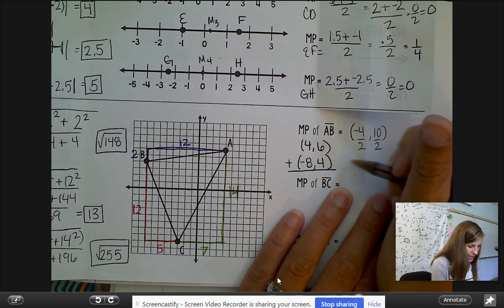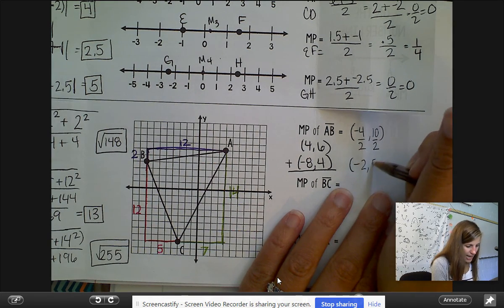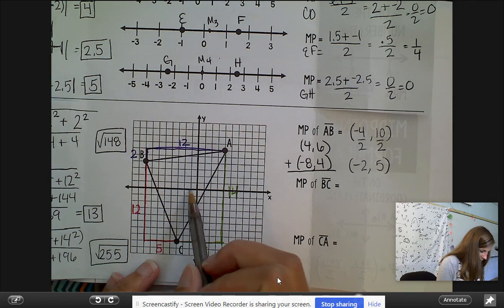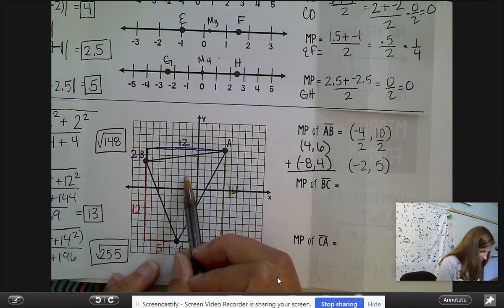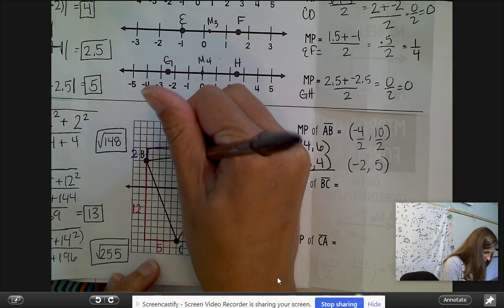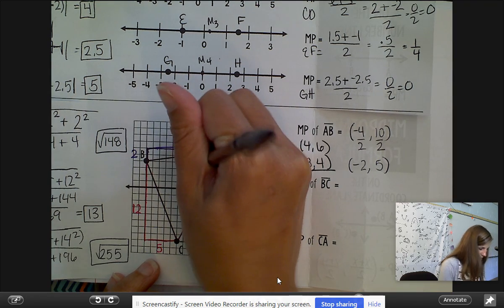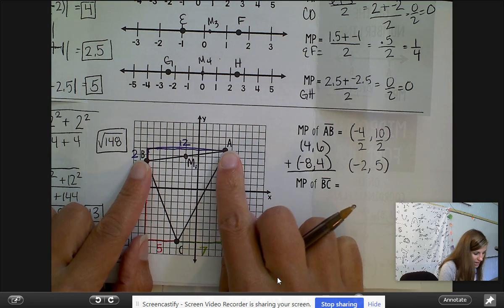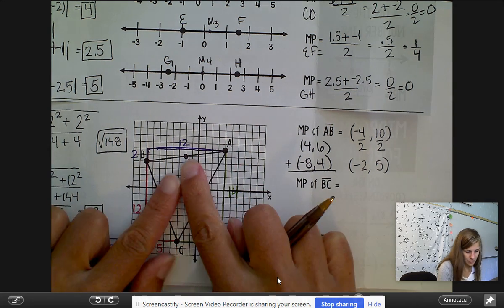And so my midpoint is going to be at negative 2, 5. So if I go plot that, negative 2, 5, 1, 2, 3, 4, 5. If I look at that line, that's totally believable that it's right in the middle, don't you think?